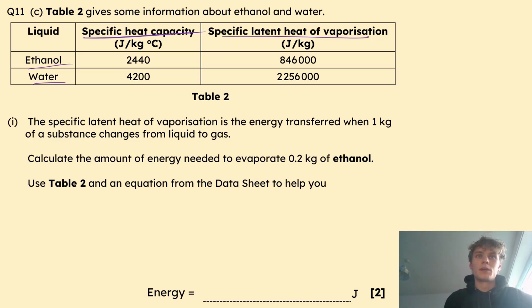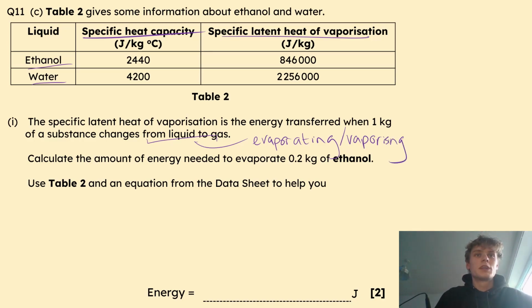And when something changes from liquid to gas, that's evaporating. And if you want to, you could also say vaporizing. Okay? And it wants you to calculate the amount of energy needed to evaporate 0.2 kilograms of ethanol. You use the table to do that and some sort of equation to help you.